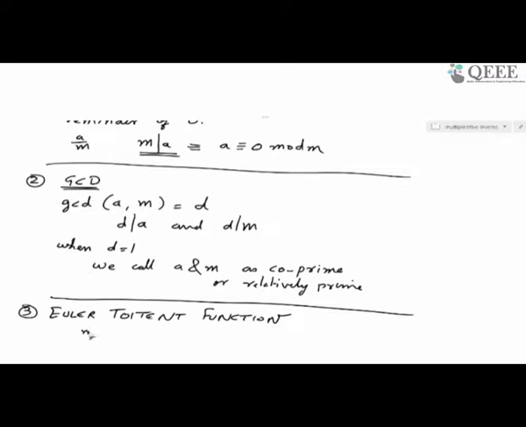Suppose we had something called M. The Euler totient function, which we represented as phi of M, denotes the number of integers less than M which are also co-prime to M. For example, we took the case of phi of 9, and we said phi of 9 equals 6, because less than 9 there are 6 integers which have a GCD of 1 with respect to 9.